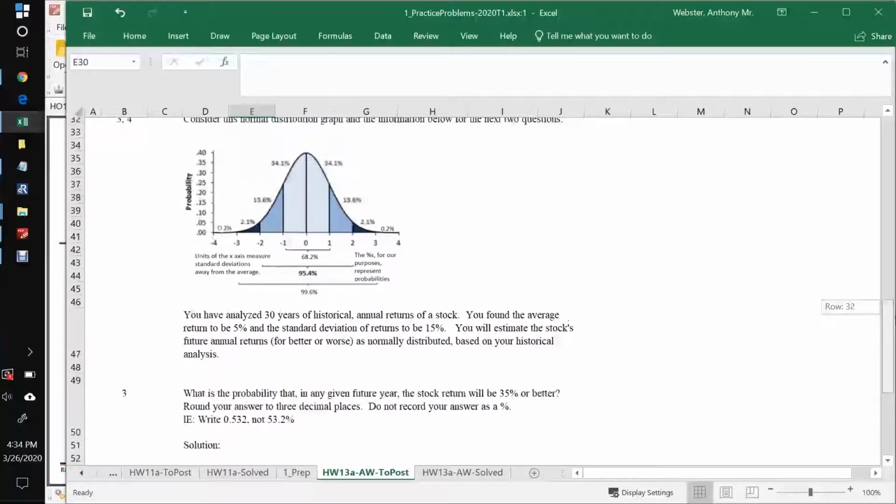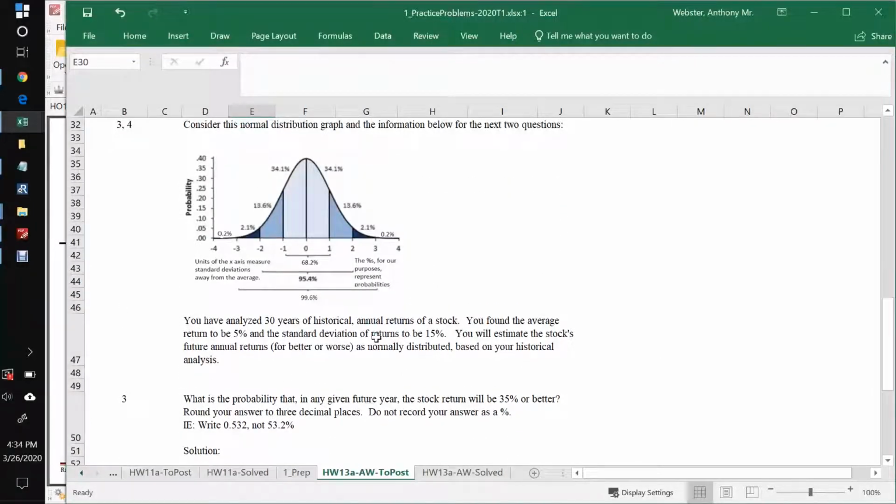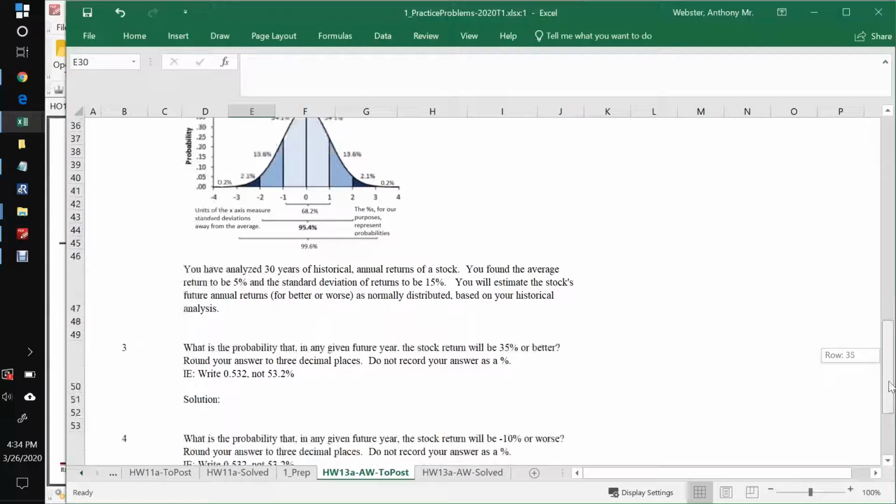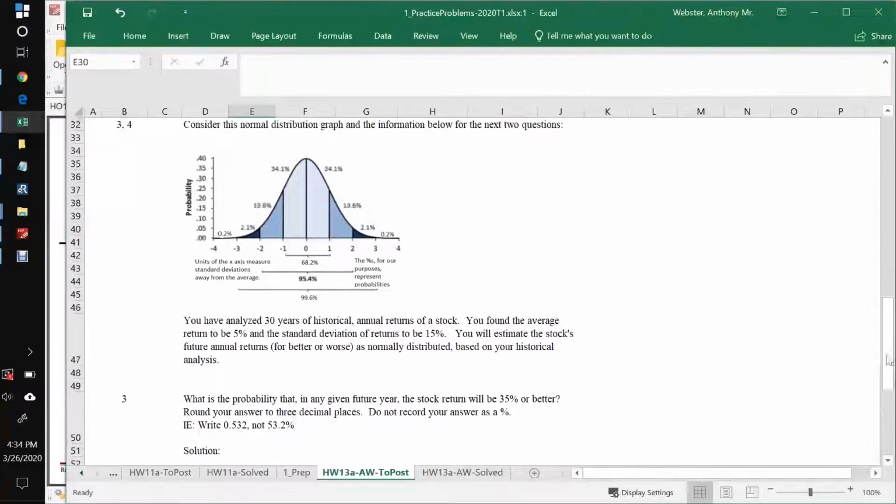So we've analyzed 30 years of historical annual returns of a stock, and you found the average return to be 5% and the standard deviation to be 15%. You'll estimate future returns for better or worse as normally distributed based on your historical analysis. And as we learned in lecture 13A, that may well be for worse, but we're going to go ahead and go for it anyway. So now let's go to question 3.